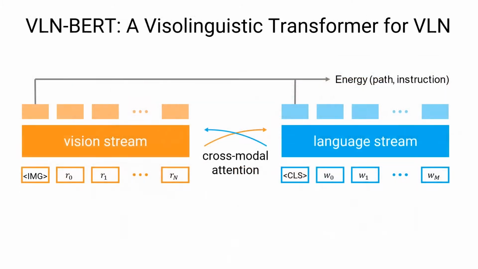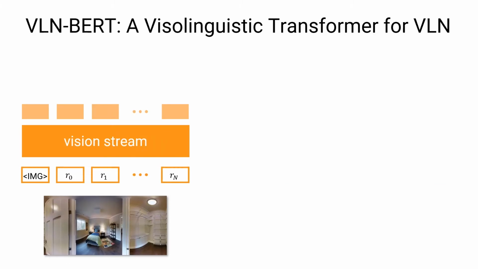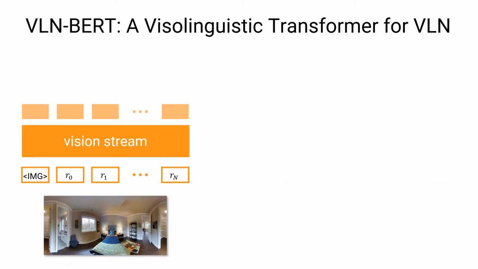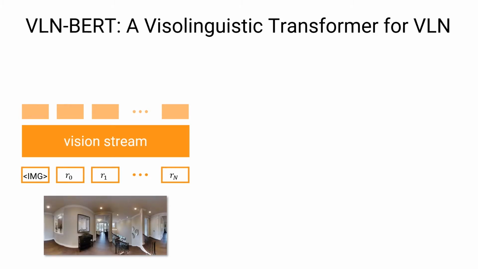In this work, we propose a model architecture and a training curriculum to address both of these challenges. Our model, denoted as VLN-BERT, is composed of the two stream structures shown here. Both streams are composed of BERT-like architectures and connected with cross-modal attention layers. The inputs to the language stream are word tokens taken from the navigation instructions. For the vision stream, we run an off-the-shelf object detector and treat the detected regions as visual tokens.